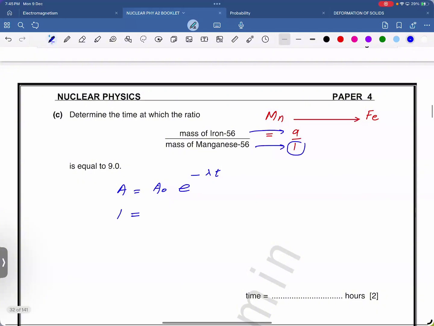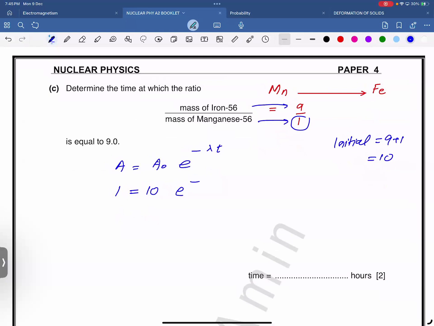So initial manganese were 9 plus 1, 10. This is the iron, meaning newly formed are 9, that is decayed. So undecayed is 1 out of 10. Making sense or not?